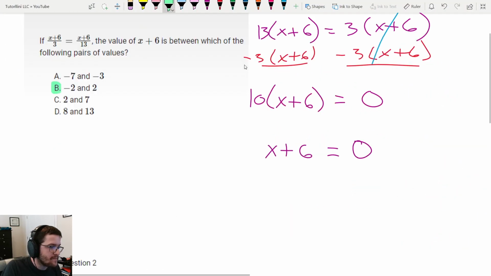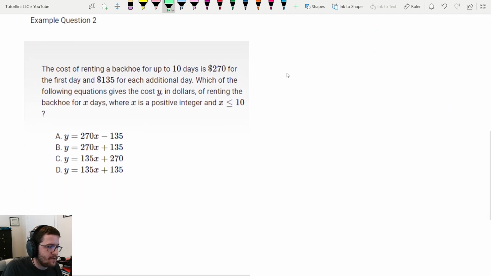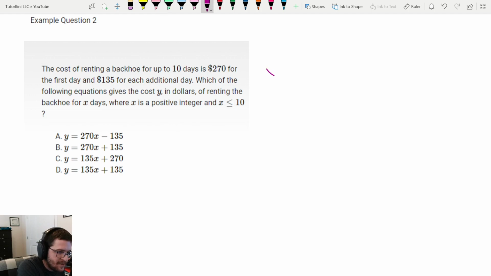Anyway. All right, let's look at this one. These ones are really tricky. I've gotten ones wrong like this in the past myself. So what you have to do is you're going to do mx plus b. Each additional day, the slope is 135.